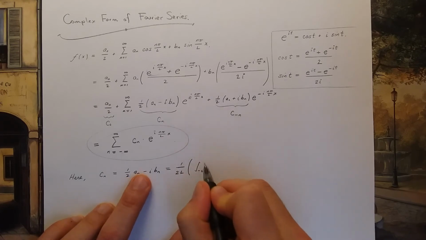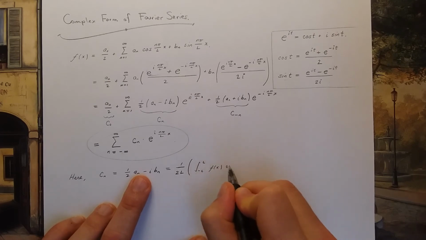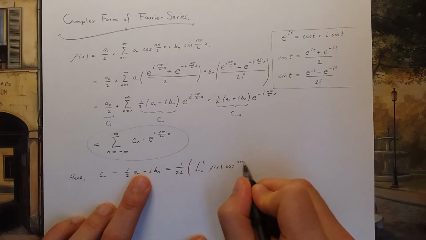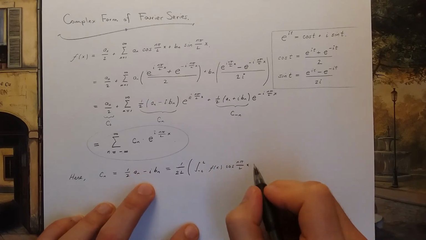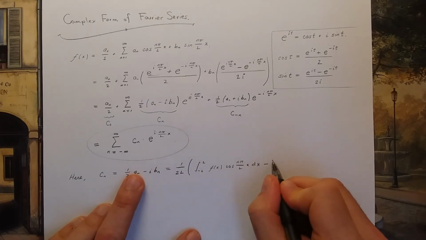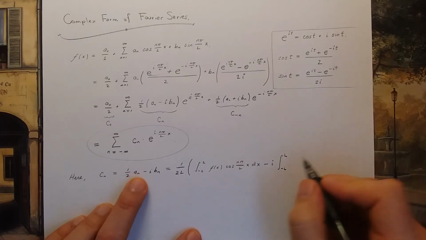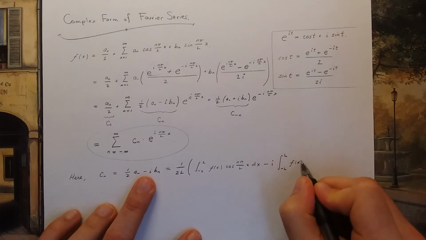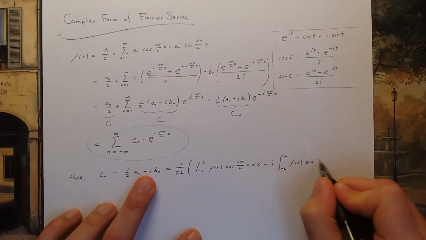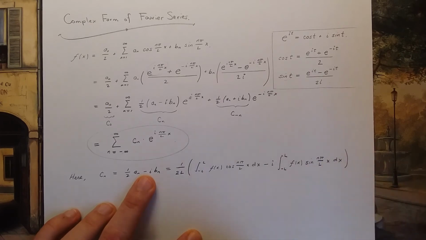The integral from negative L to L of f of x cosine n pi over L x dx, that's the first an term, and then I'm going to subtract i times the integral from negative L to L, the same function f of x, times sine n pi over L x dx.